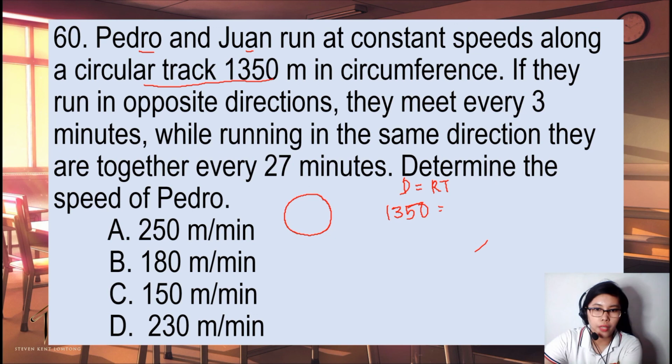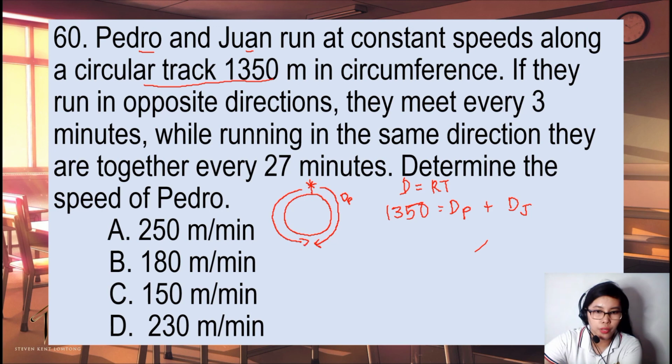If they start here at this point and they run in opposite directions, for example, this is the distance covered by Pedro, plus the distance covered by Juan if in opposite directions.